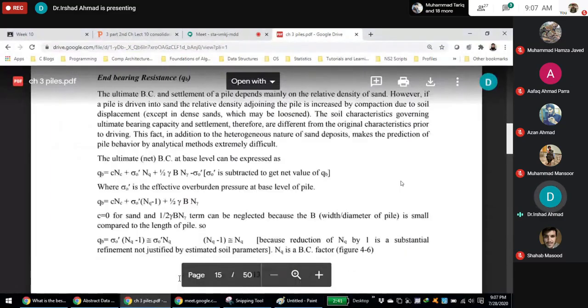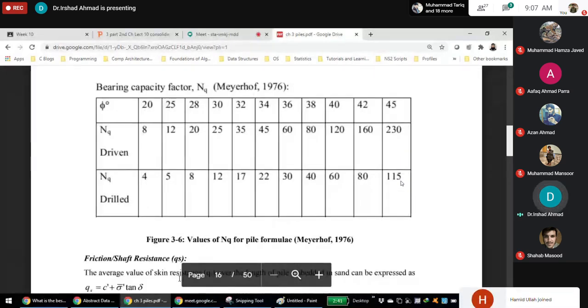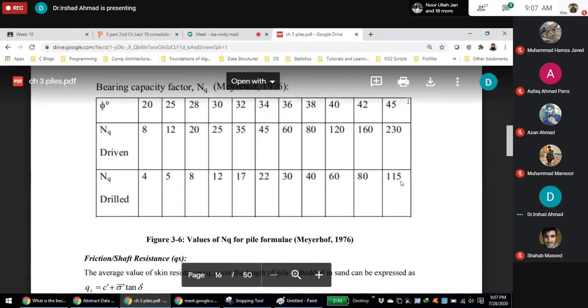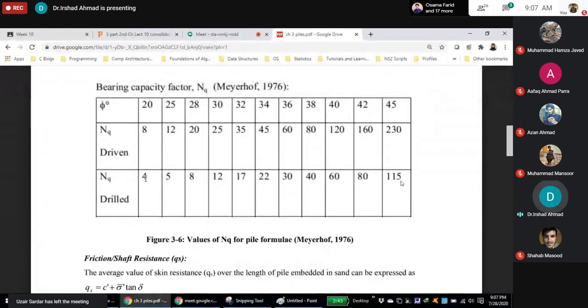For pile foundation, you can take NQ value from this table. For different values of phi, you have NQ for driven piles and you have NQ for drilled or bored piles.